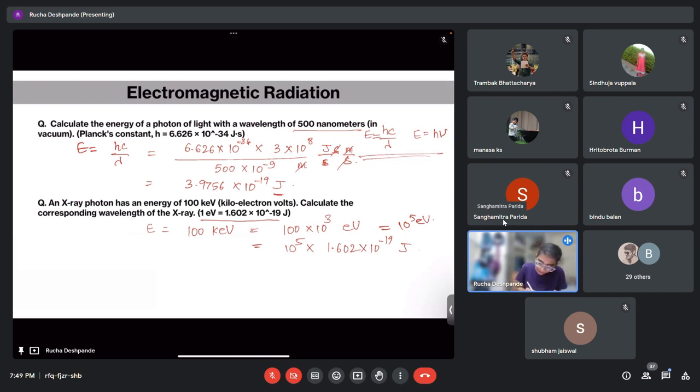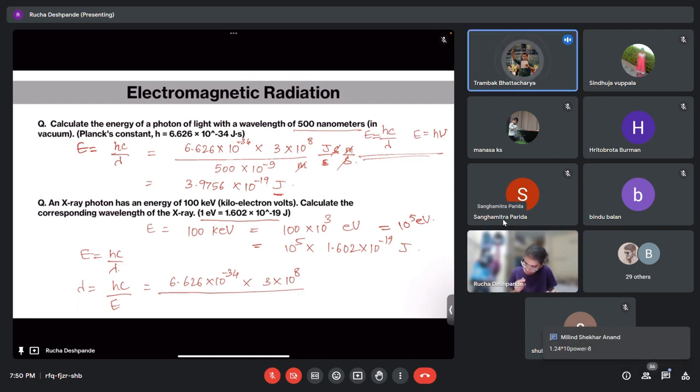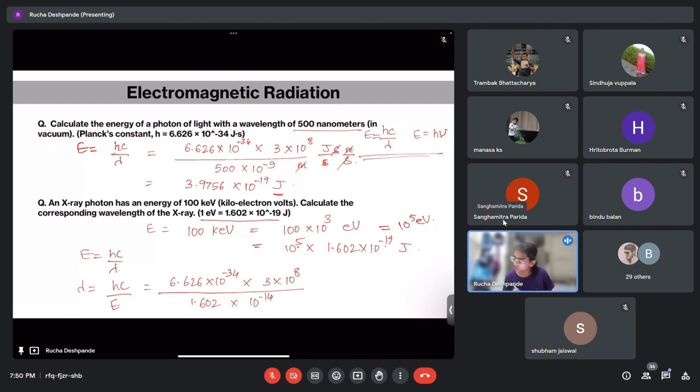Right. Now we use the same formula, E is equal to hc by lambda. The wavelength is unknown, everything else is known. So lambda will be equal to hc by E. This is 6.626 into 10 to the power minus 34 times 3 into 10 to the power 8, divided by 1.602 into 10 to the power minus 19 into 10 to the power 5. That is minus 19 plus 5, so this makes 10 to the power minus 14.